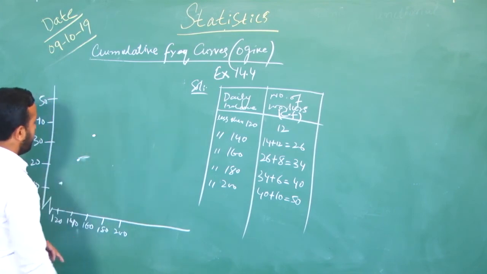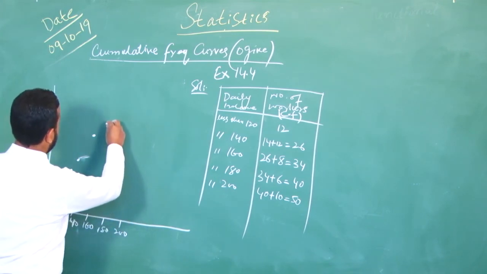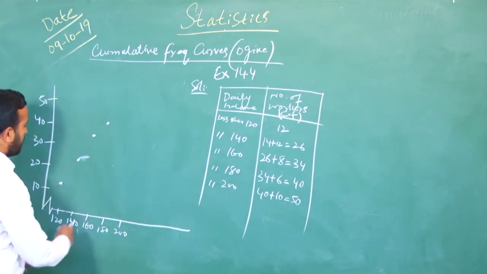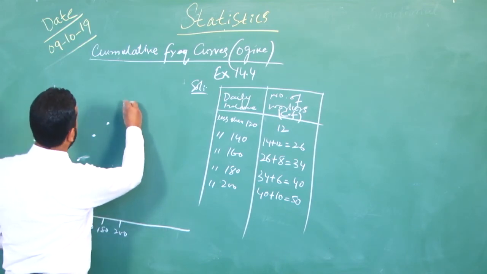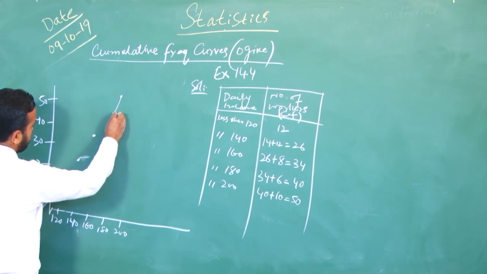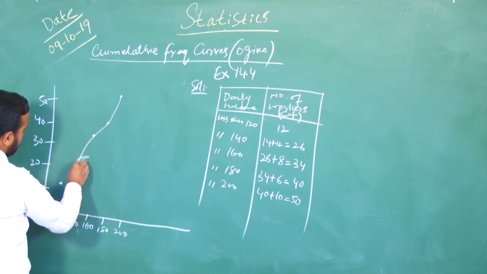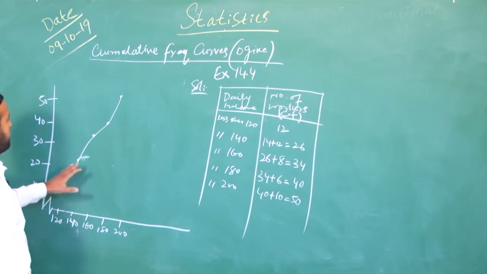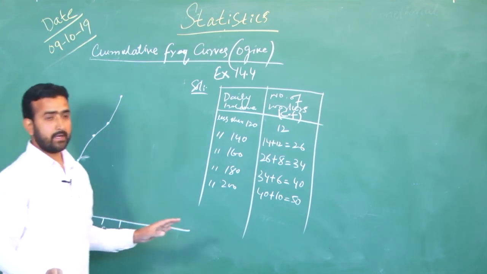And then 180 against 40, this will be the value. And the last one, 200 against 50. So after joining these points, you can see this is the less than type graph of the given frequency distribution.